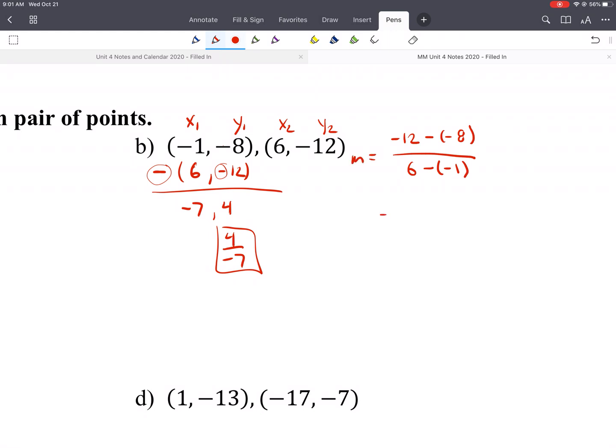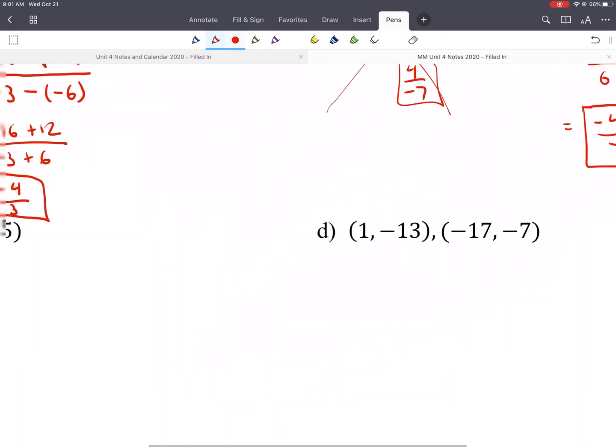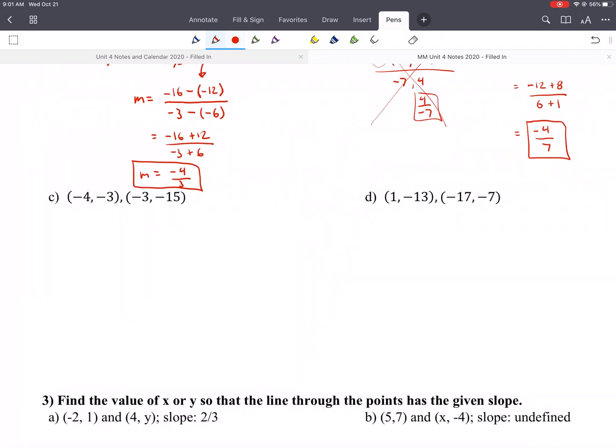And that gives us negative 12 plus 8 over 6 plus 1, which gives us negative 4 over 7. So we end up getting the same thing, but again, I feel like that is prone to having mistakes for students, especially if our values are negatives. All right, so pause and see if you can give C and D a try.